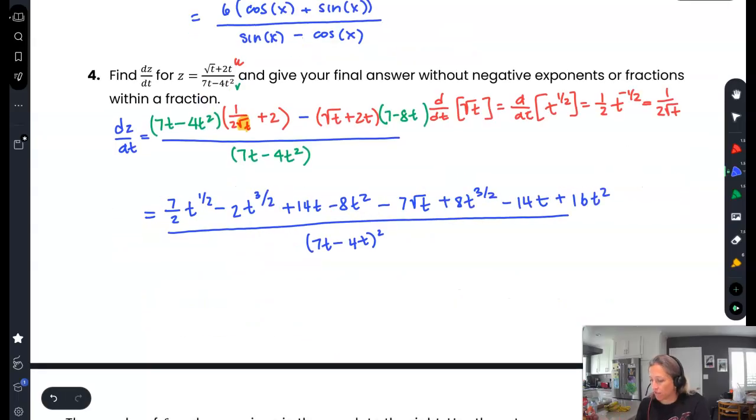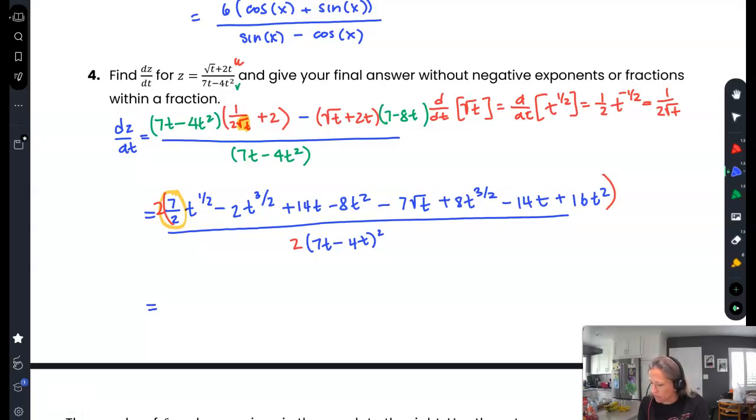Now, again, we still have a fraction within a fraction, so that's our only real problem. Simplest thing is just multiply everything through by 2 in my numerator and my denominator, and multiplying by 2 over 2, which is 1. So I end up with something where I can actually add some stuff too.